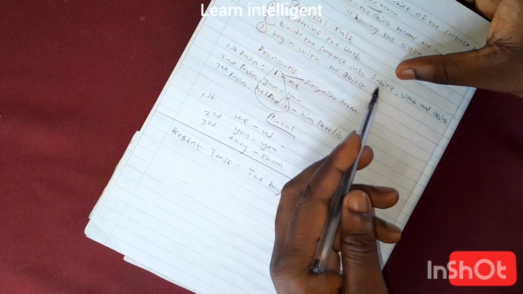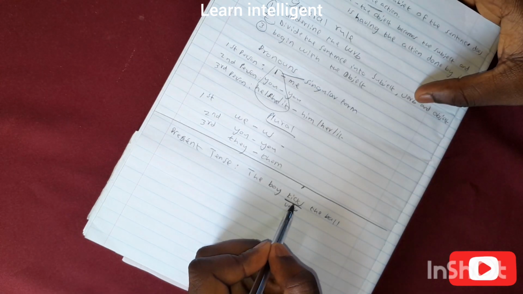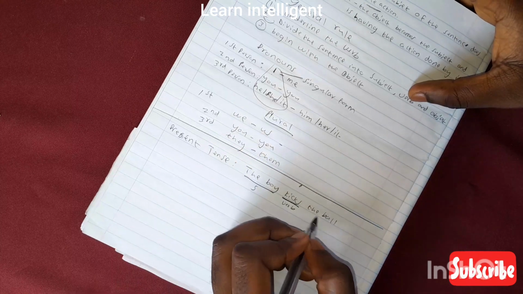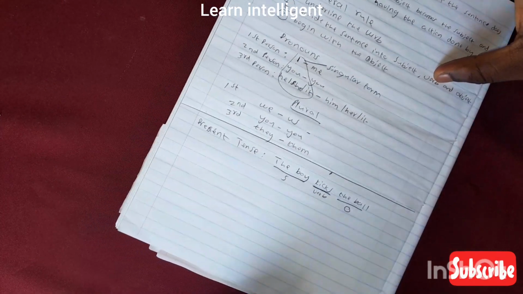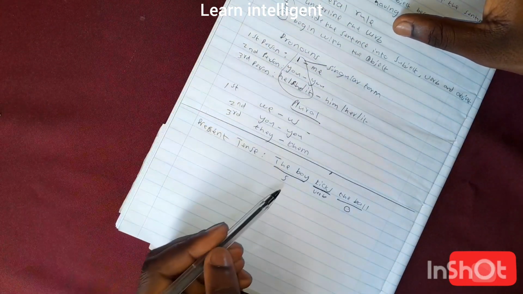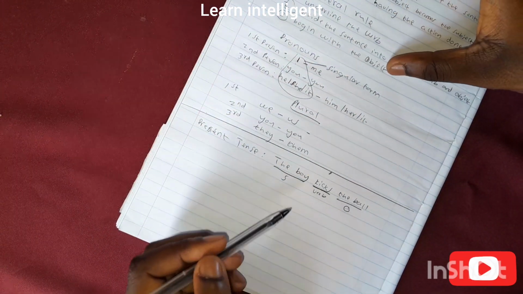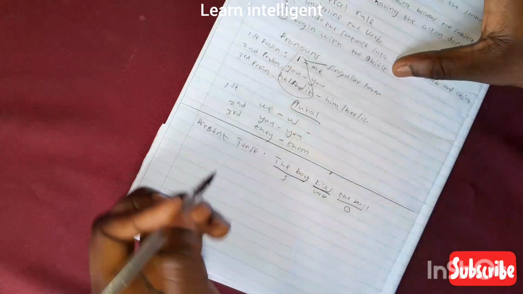Then divide the sentence into subject, verb, and object. We already underlined our verb. This is our subject, and this is our object. Now we have to change this sentence to a passive form, so we begin with the object.